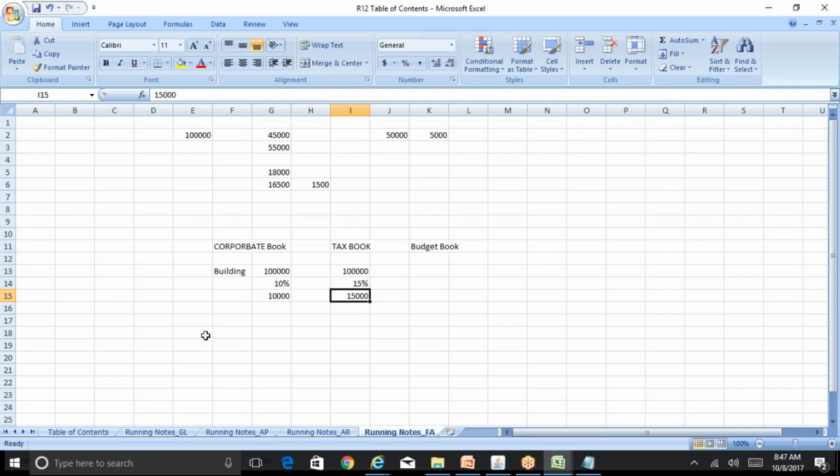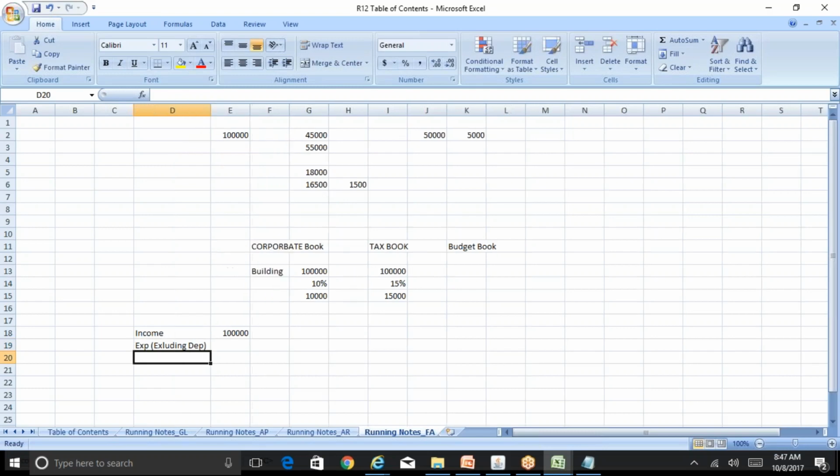See, this is your income, and this is your expenses excluding depreciation, 40,000.